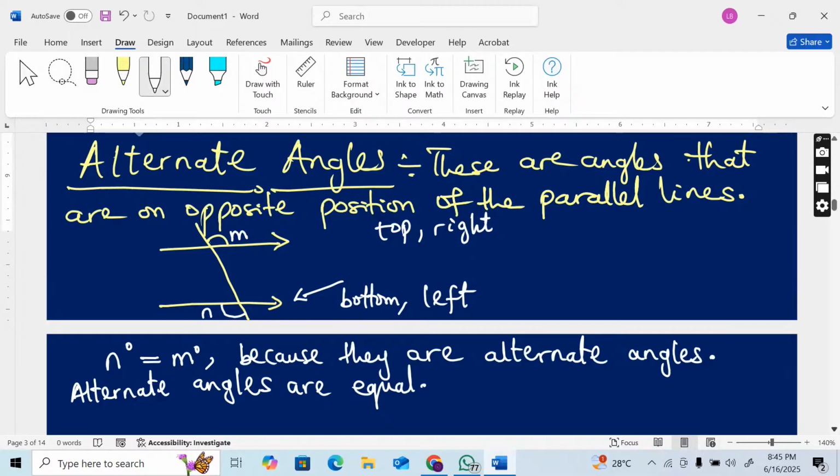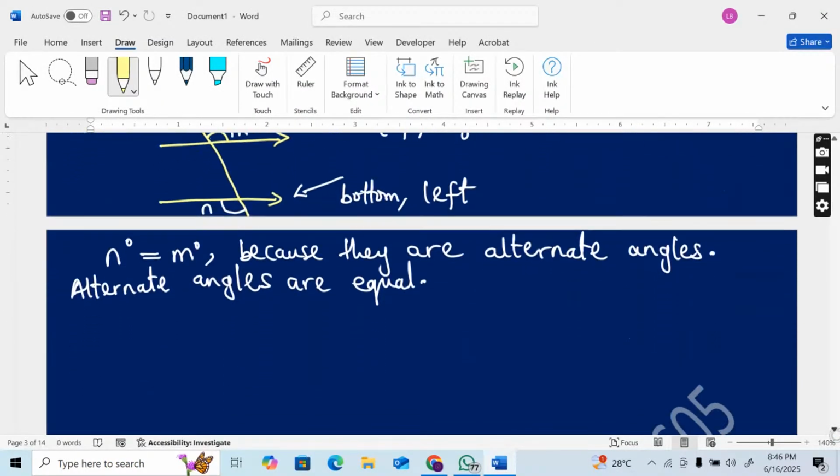Take note. Let me draw another set of parallel lines that will show us alternate angles. All right, so alternate angles are equal.